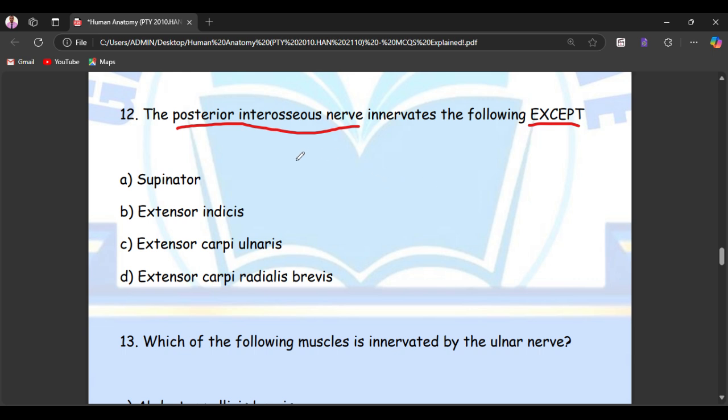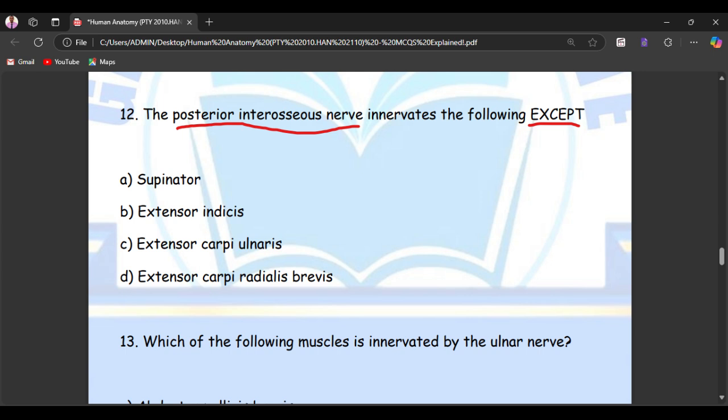You need to understand that we have the anterior interosseous nerve and the posterior interosseous nerve. The anterior interosseous nerve supplies the flexor pollicis longus, the flexor digitorum profundus, as well as the pronator quadratus.